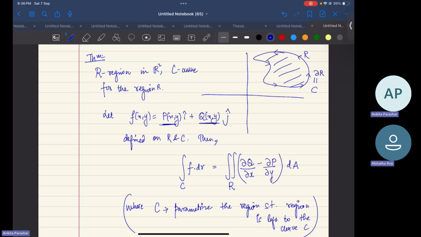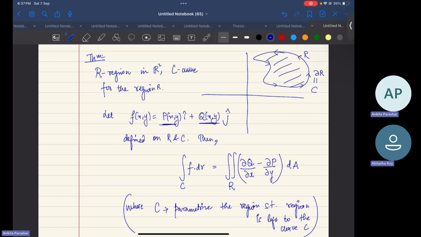On one side we have this kind of line integral, if you see carefully, and on the other side we have this surface integral. So Green's theorem says one can relate the line integral around a closed curve with the double integral over the region inside that curve.